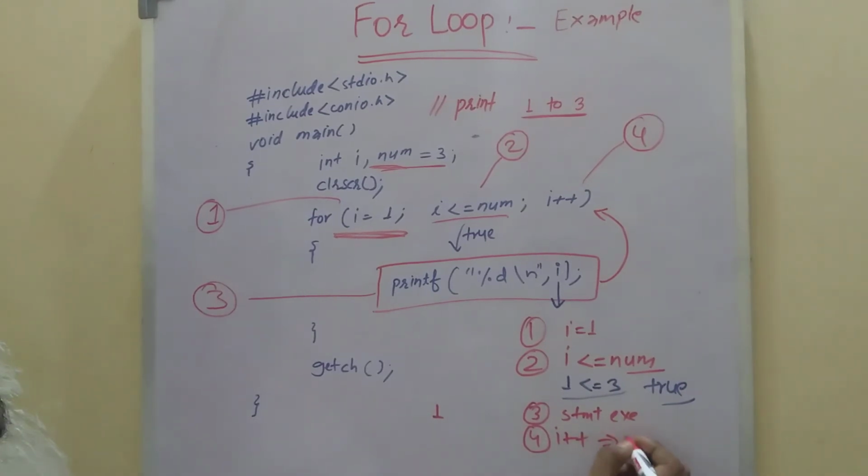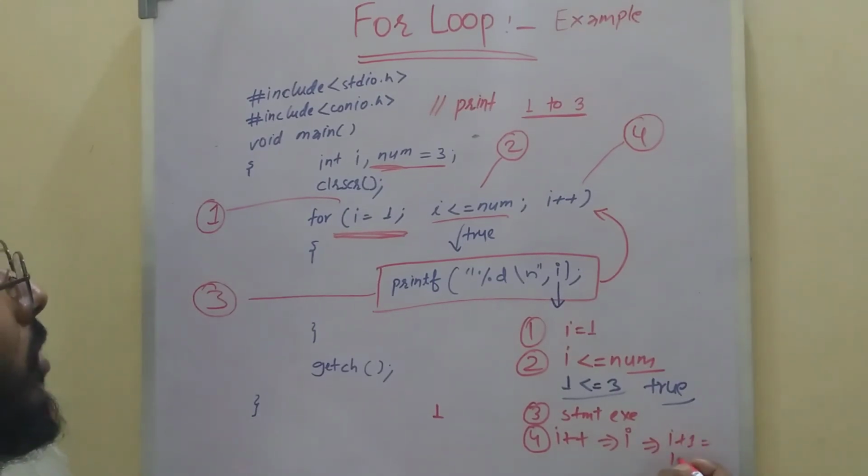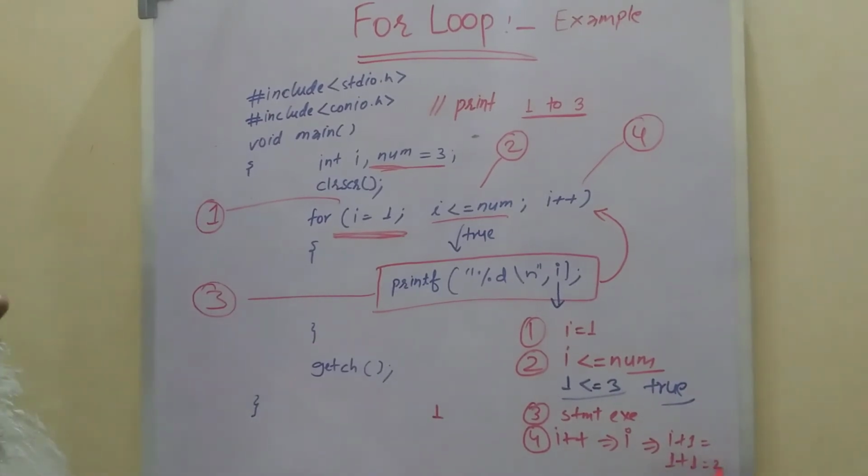Currently the i value is 1, so i will be i plus 1, which is 2. So now the i value is 2.